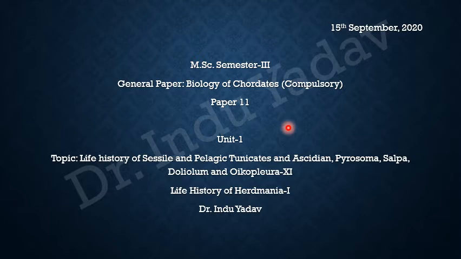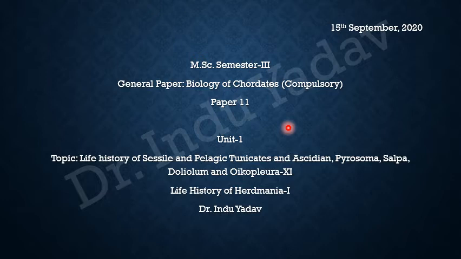Hello students, here I am to do the most important animal of unit 1, and the topic in which it is included is life history of sessile and pelagic tunicates: Ascidian, Pyrosoma, Salpa, Doliolum and Oikopleura.